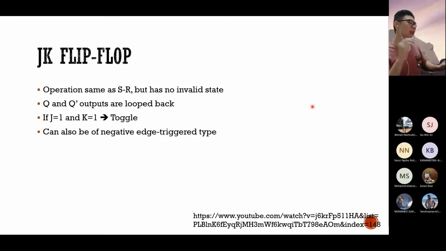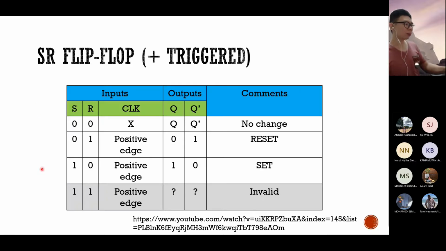In the JK flip-flop, the operation is very similar to the SR flip-flop, but it has no invalid state. If you remember, there is a weakness with the SR flip-flop, and the weakness is when both of the inputs are 1. So when S and R, these two inputs, are 1, this puts the flip-flop in an invalid state.